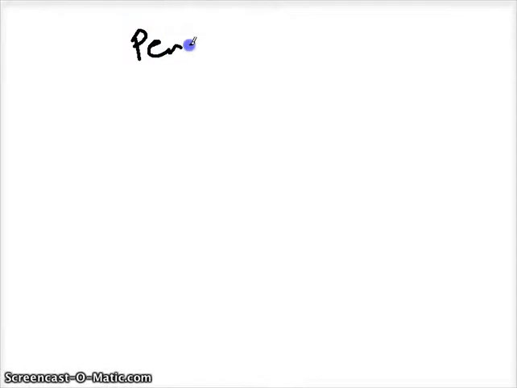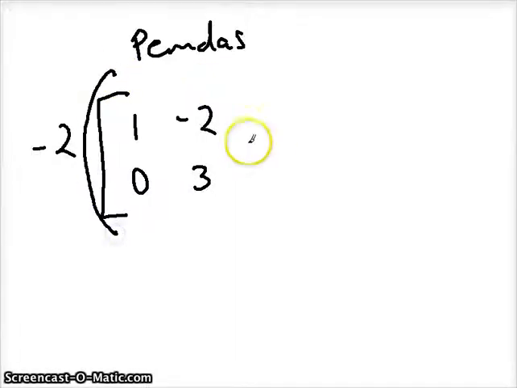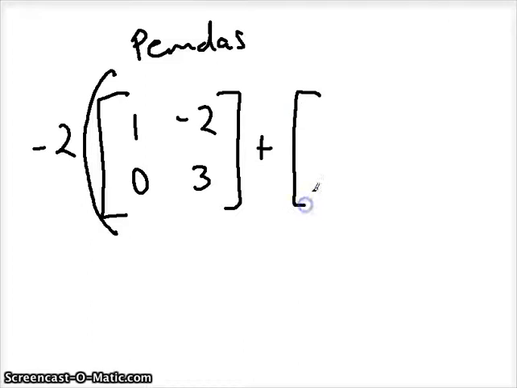Alright. Last thing I want to talk about really quick, if I can here, is PEMDAS. How does PEMDAS apply to matrix math? Let's say we have a scalar out here, and this is really inside parentheses here, and we're asked to do some addition inside the parentheses.